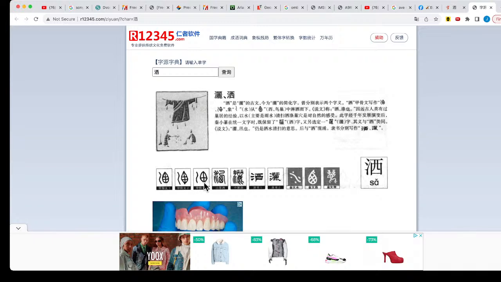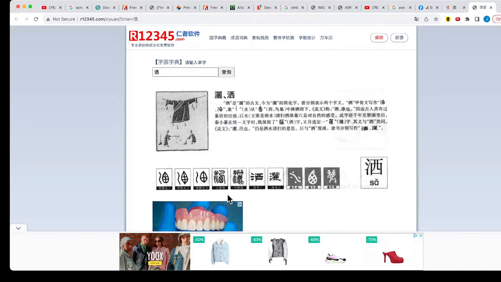So what it means is that the bird's nest cannot hold water. If it rains, the rain will go through it and drip down.